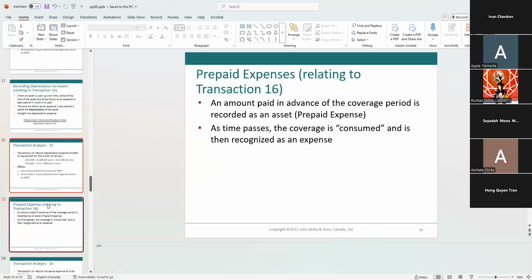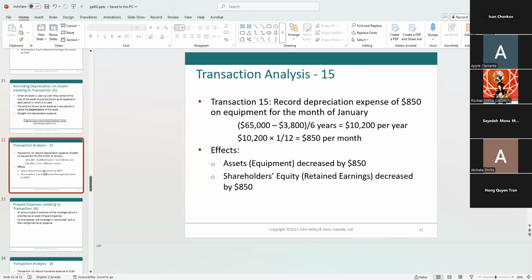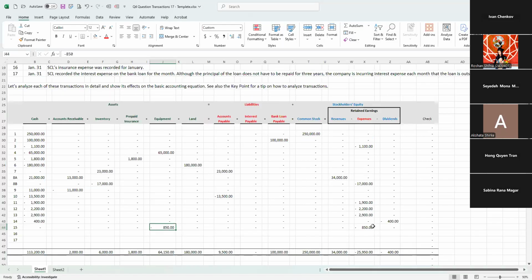Sorry, I have a question. How about the depreciation expenses? It's an expense. We are using some equipment. Yes, that's what we did here. We're increasing the expenses and reducing the value of the equipment. That's our depreciation expense here.